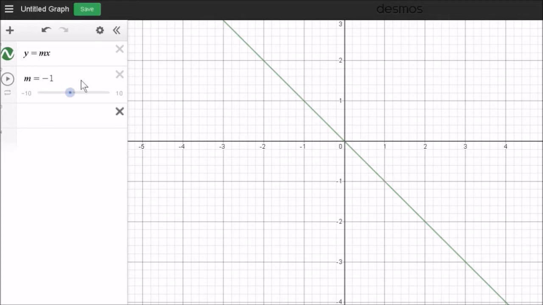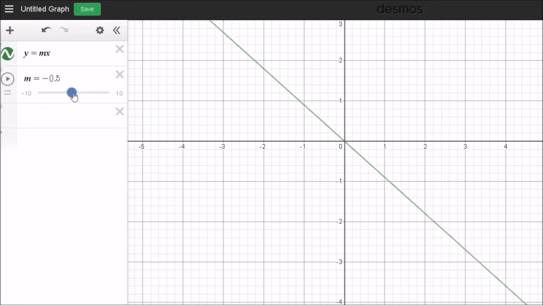So for example here, if x is 1, then y would equal minus 1. If x equals 2, y would equal minus 2. In this instance here, if x equals minus 1, then y would be the minus of minus 1, which is plus 1. And minus 2 would be plus 2. So we would have a line running here from left to right. It would run down the way.